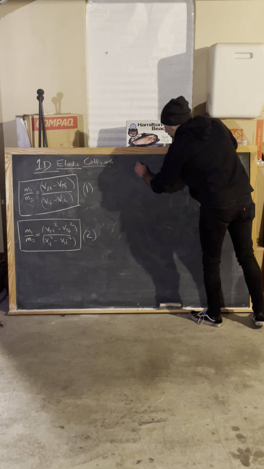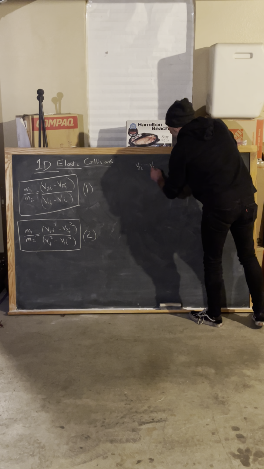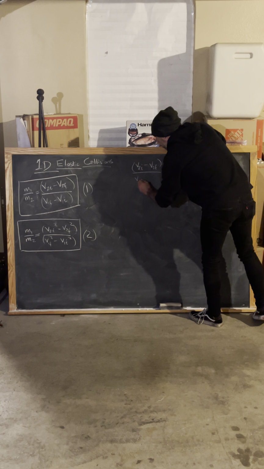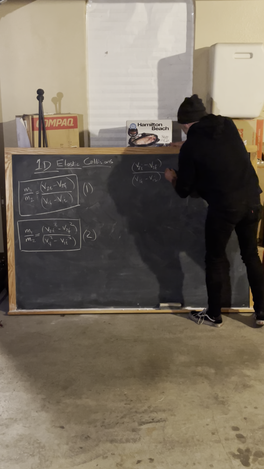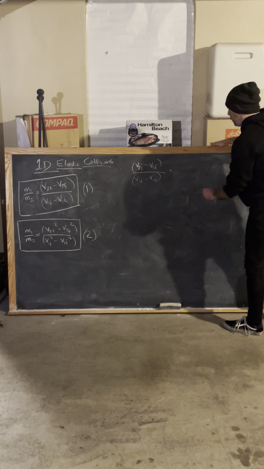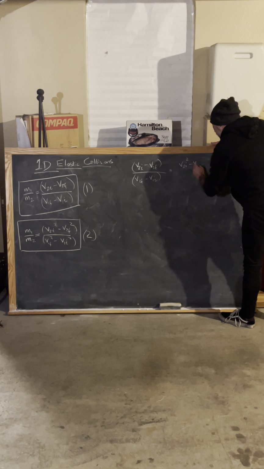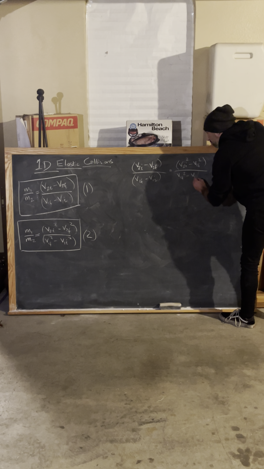So we have v2I minus v2f divided by v1f minus v1I is equal to v2I squared minus v2f squared divided by v1f squared minus v1I squared.